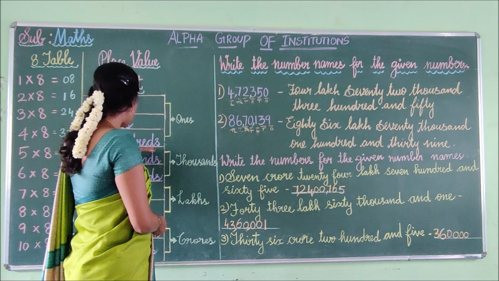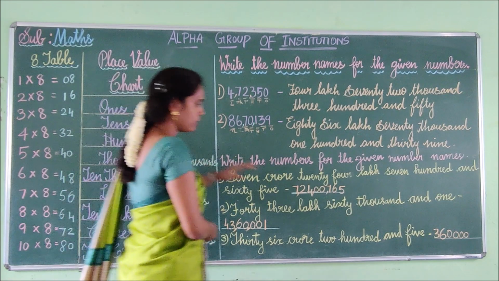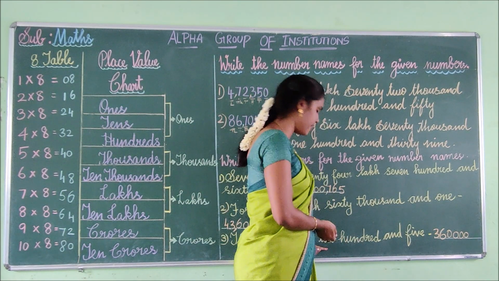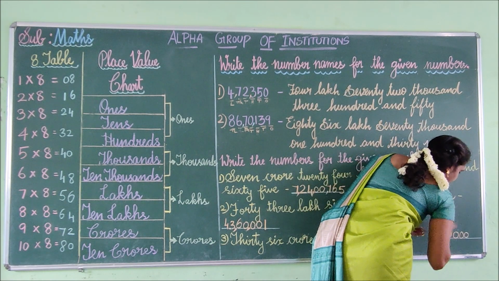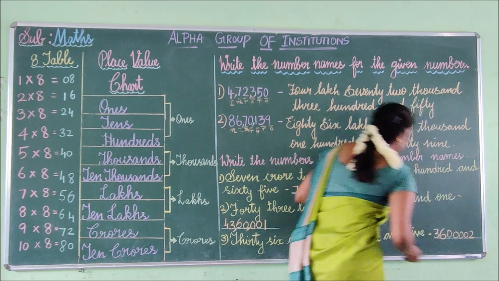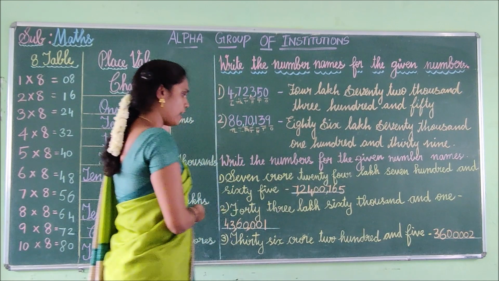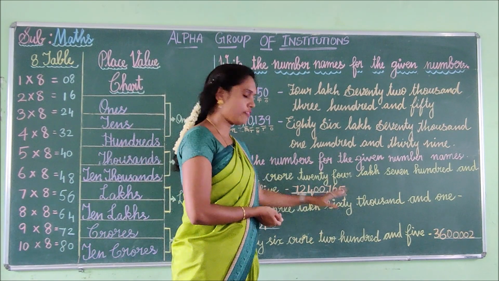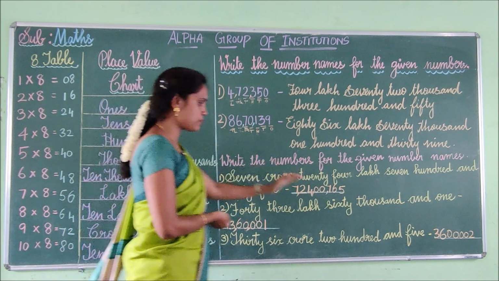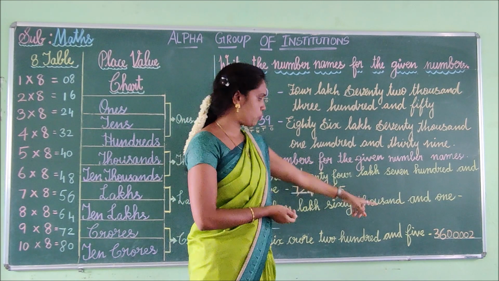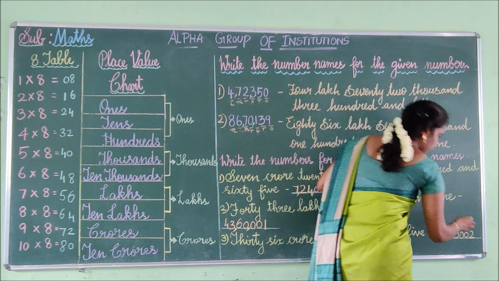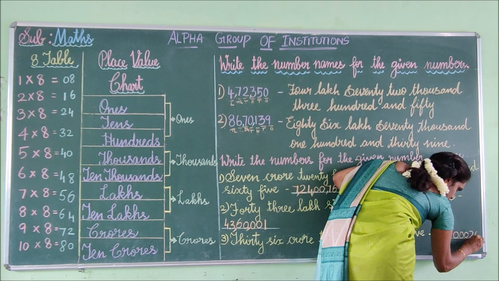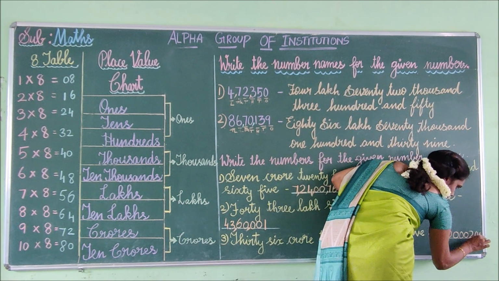Next, after 1000 you have the hundreds place. How many 100s are there? 200. After that hundred you have the tens place, but here the tens place is also missing. Only one place you have, that is 5. So instead of the tens place, you have to add 0 and then 5.